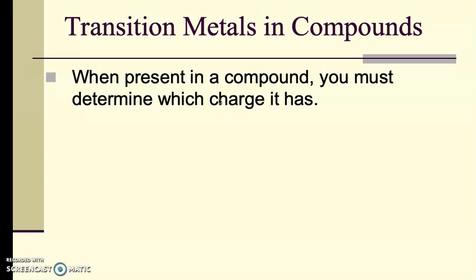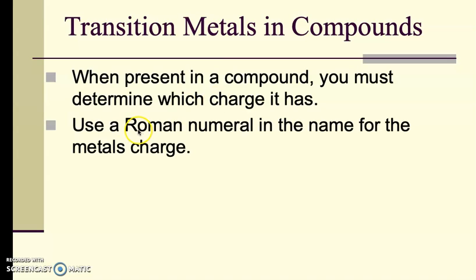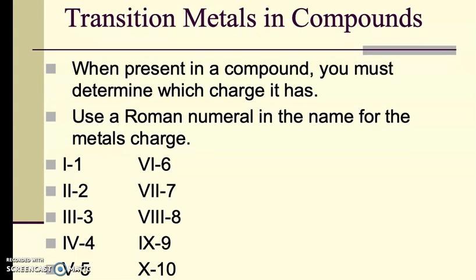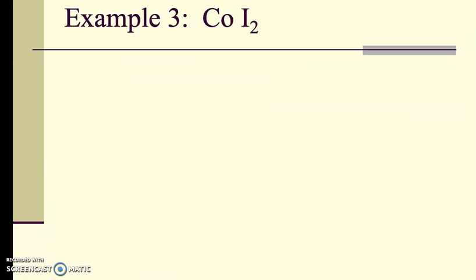You can't write the transition metal name down without the Roman numeral, unless it's one that only has the one charge. So we have to be careful and determine which one it is. Use the Roman numeral in the name for the metal's charge. Remember the Roman numerals we discussed earlier? Take a look at those. Let's look at an example.